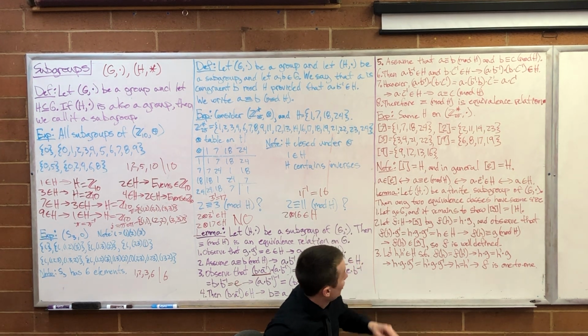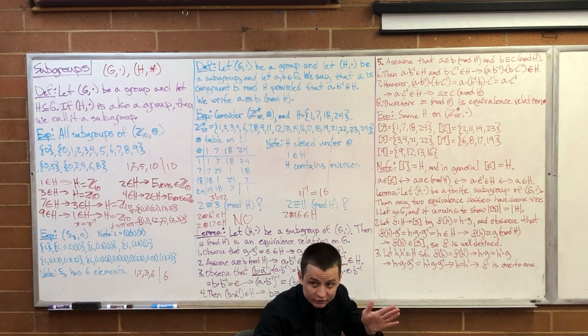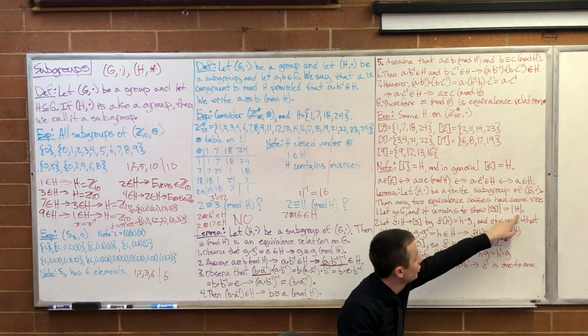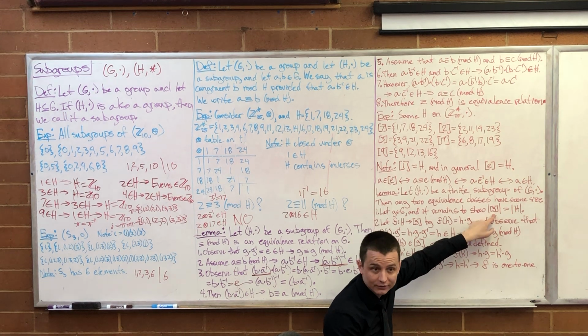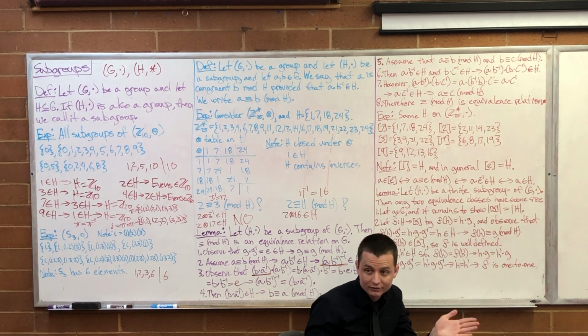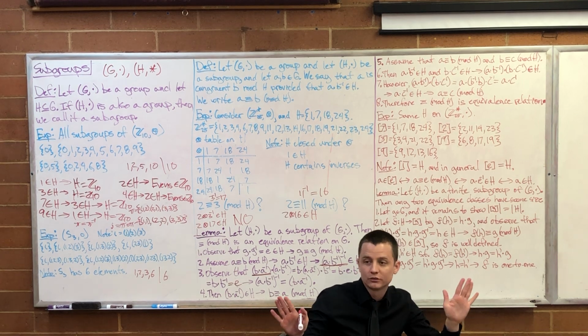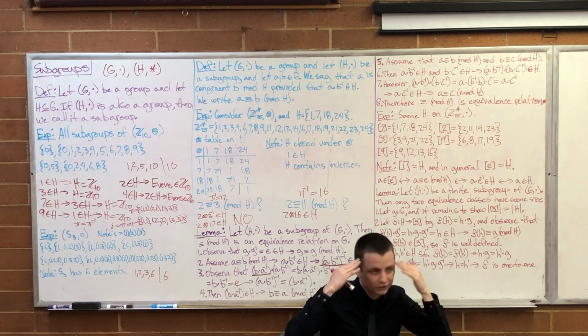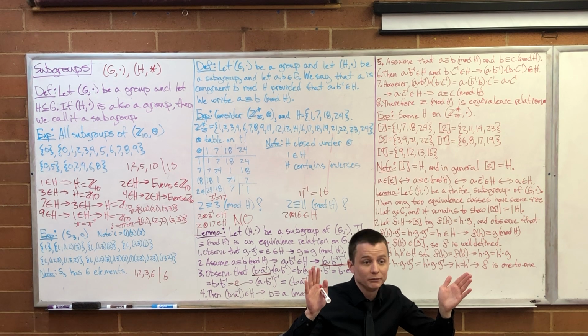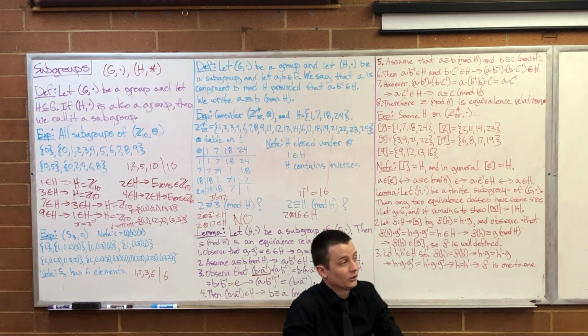So if I can create a bijection from H to this equivalence class, then they have to be the same size. Does that appeal to your intuition, or do I need to make it click somehow? Okay, let's make it quick.